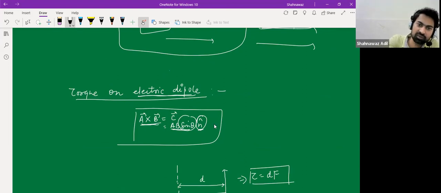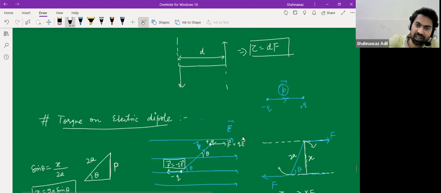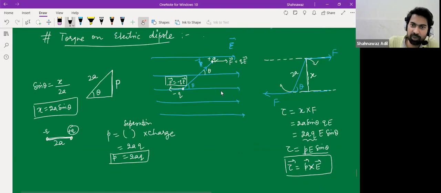So there was sine theta. We took this perpendicular distance, and this x gave us this sine theta part. This sine theta is dependent upon this angle, which means it would be either a dot product or a cross product.